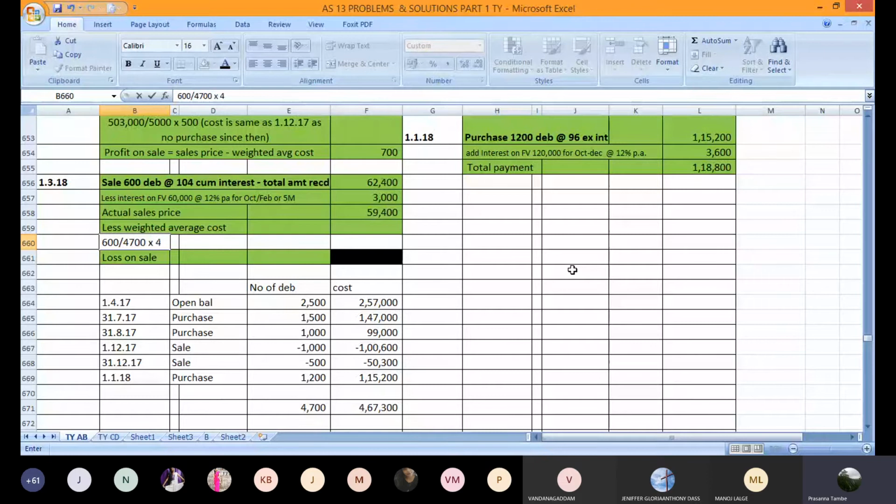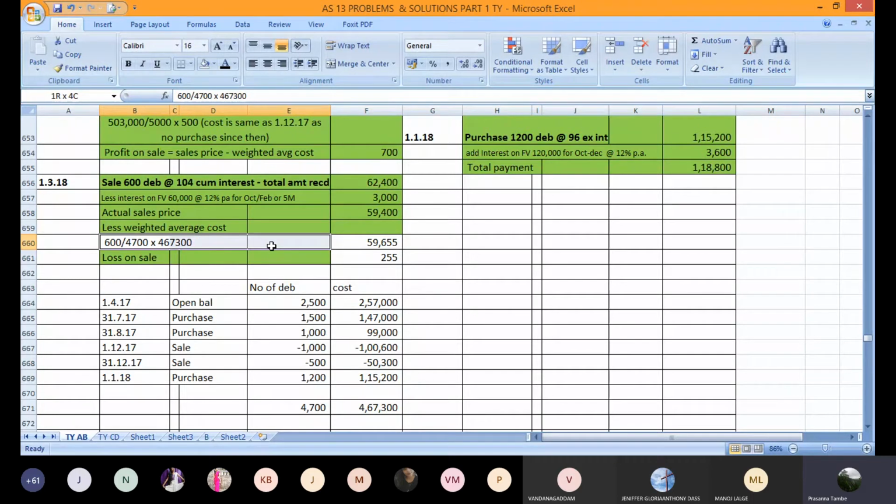This will give you the weighted average cost. So the weighted average cost is 59,655. So you are making a loss of 255 rupees in the process.